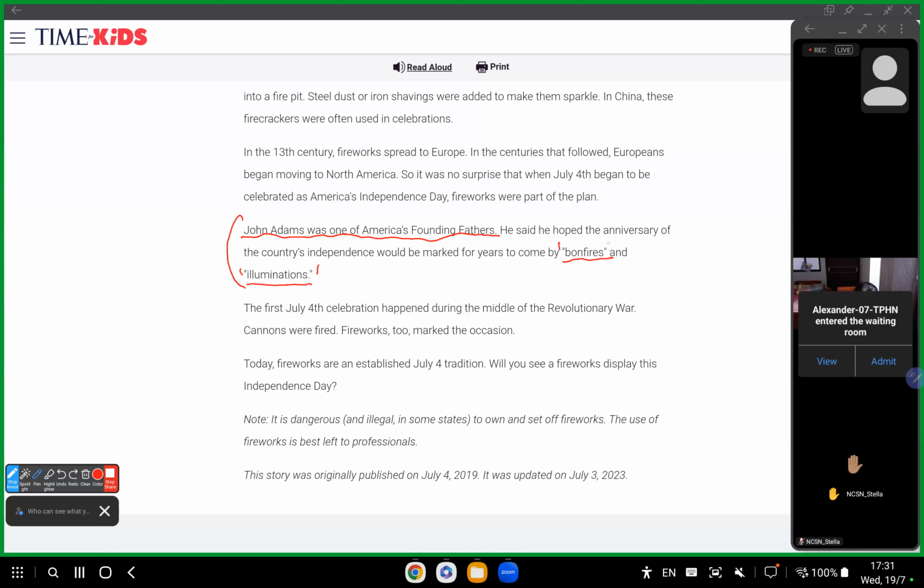So whenever you see that just randomly used in a sentence, that's usually quoting somebody. So he said he hoped the anniversary of the country's independence would be marked for years to come by bonfires and illuminations. So those are the two things that John Adams said he hopes would mark the celebration. So they've quoted him by doing it like that.